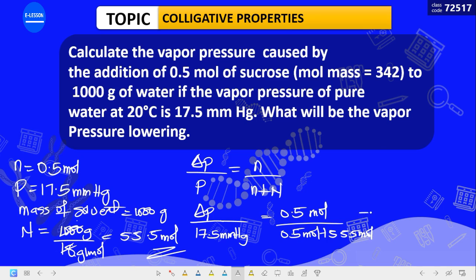We've already calculated this before. This will give us 0.5 mole divided by 56.0 mole. Mole cancels mole, and when you divide 0.5 by 56, this will give us 0.089.